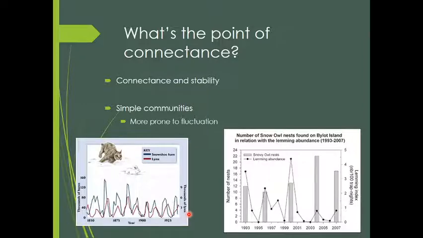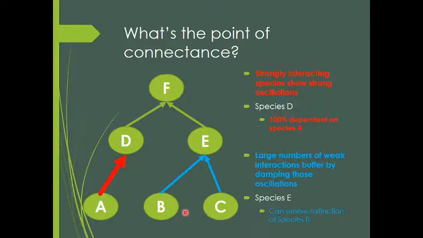And the question is, well, why is that? We can look at that from a connectedness standpoint, and we can even just look at it for a portion of the food web. So think about species A and D here. We've got 2 species. D is getting 100% of its food from species A. And they're what we would call strongly interacting species, right?